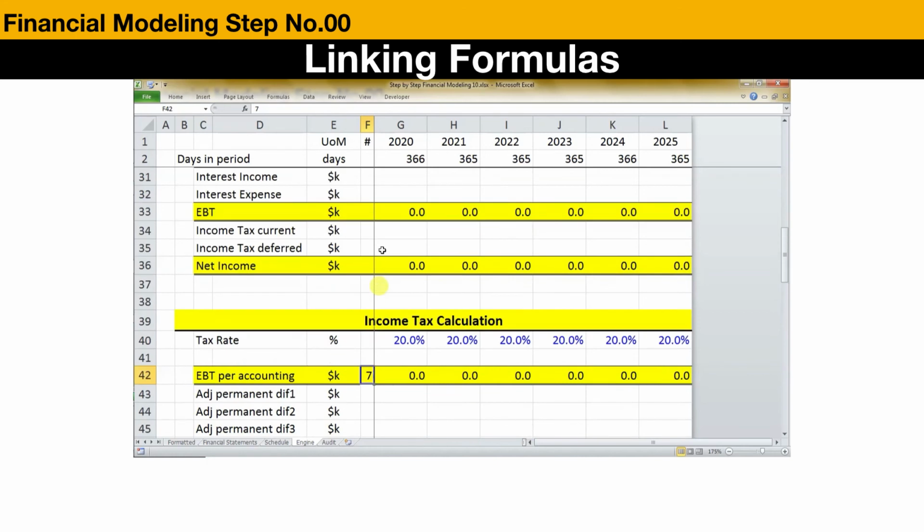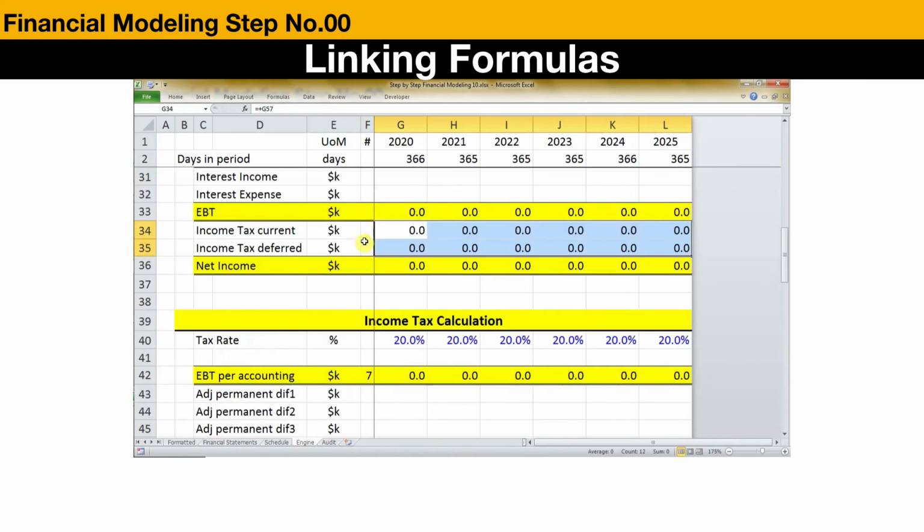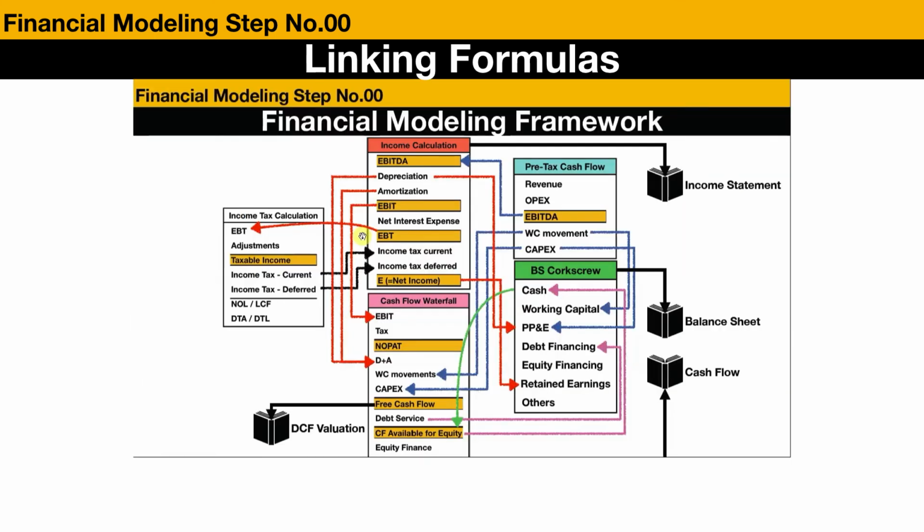Again, you can link them in one go. Now, we have all of the formulas within the engines, except for linking to and from BS cash flow.